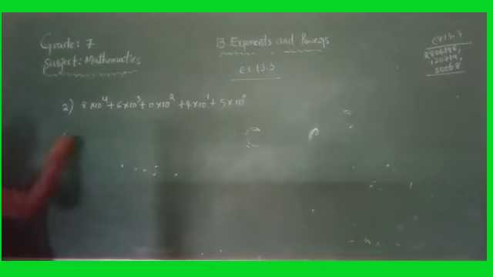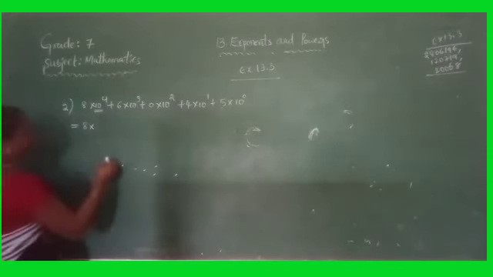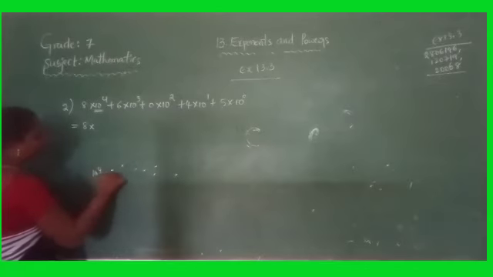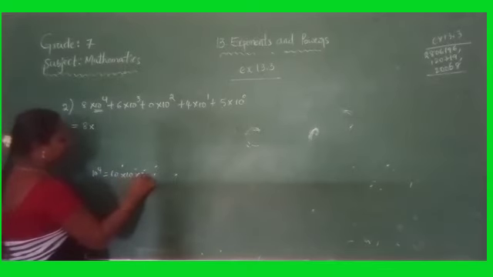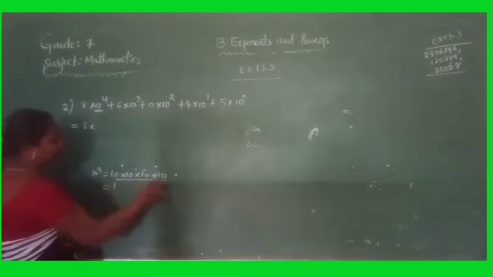Okay, so 8 into 10 to the power of 4. 10 to the power of 4 means 10 is multiplied 4 times, that is 10 into 10 into 10 into 10. So you will get 10,000.